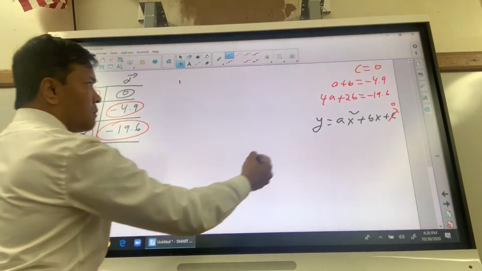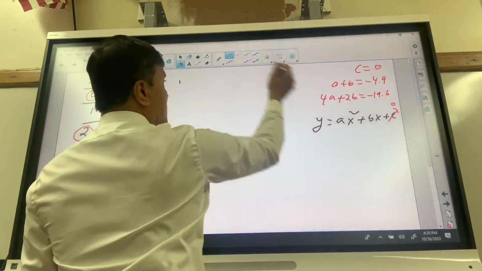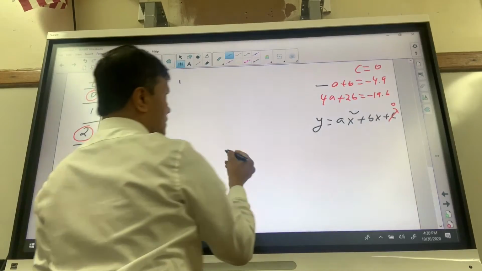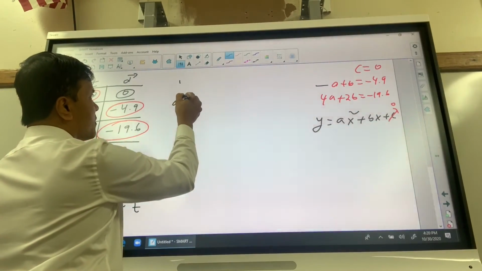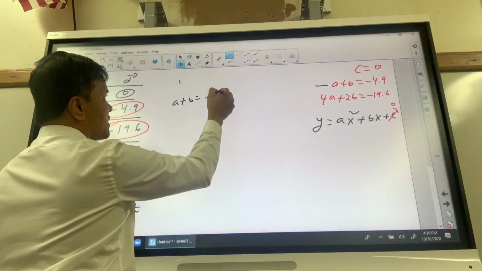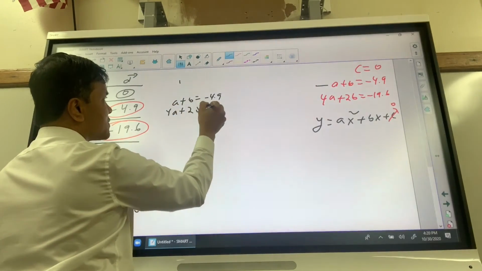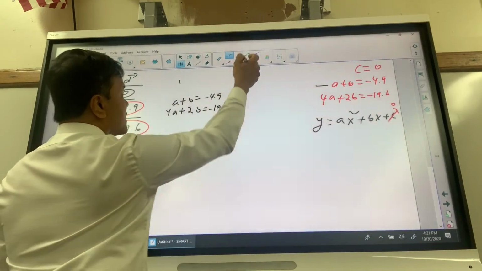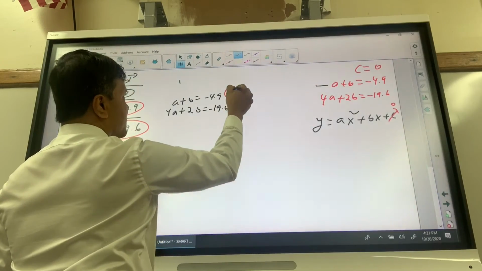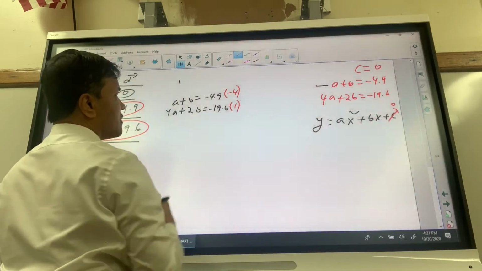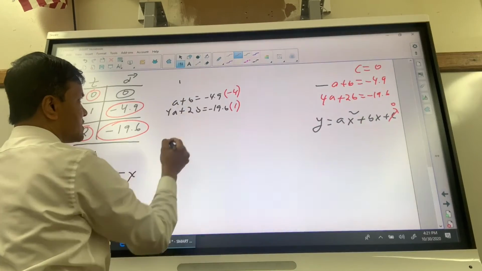Right, so let's write it down. a plus b is equal to negative 4.9 and 4a plus 2b is equal to negative 19.6. Let's multiply this one by negative 4 and this one by 1. If you do that, what do you get?